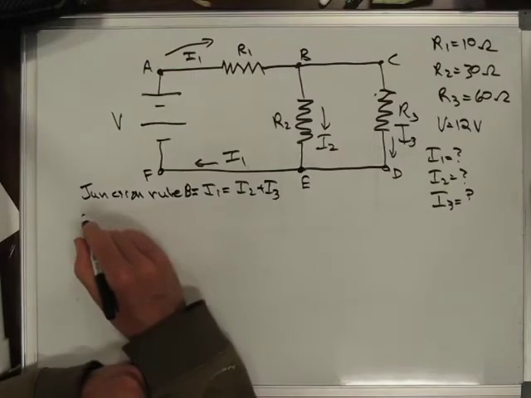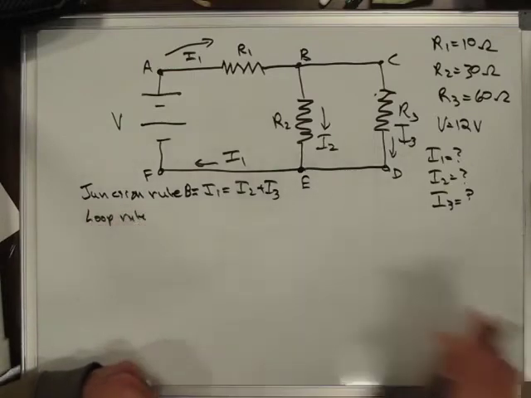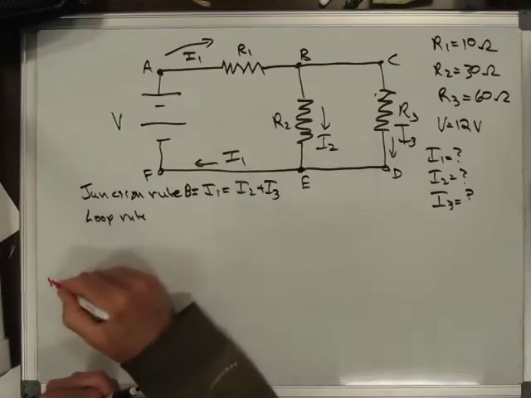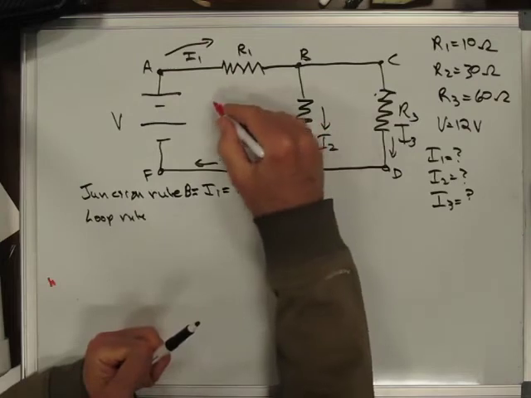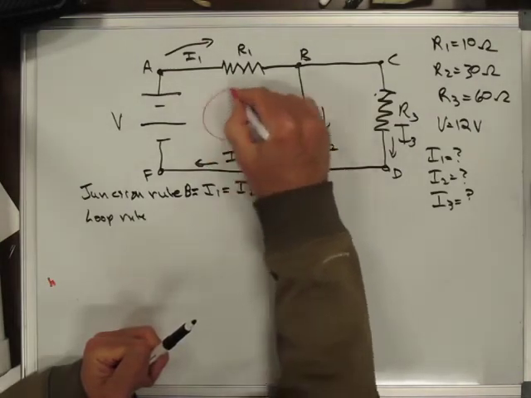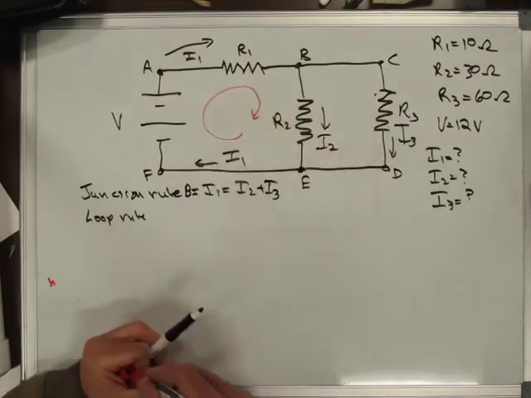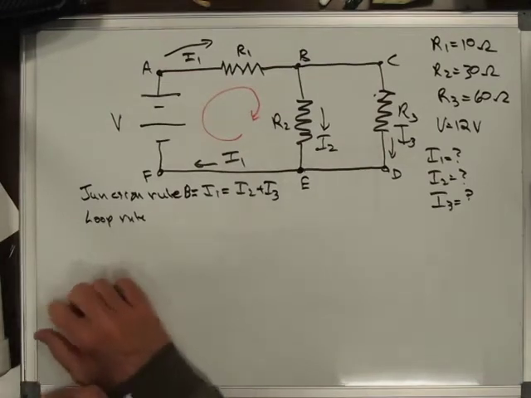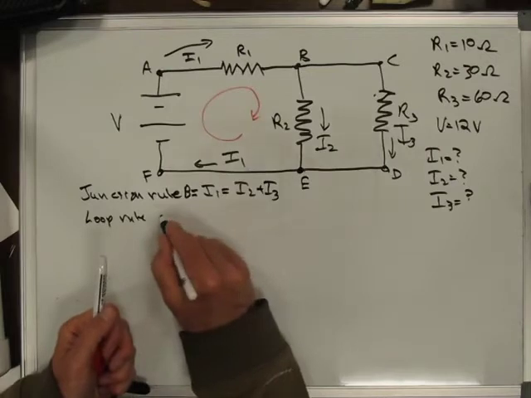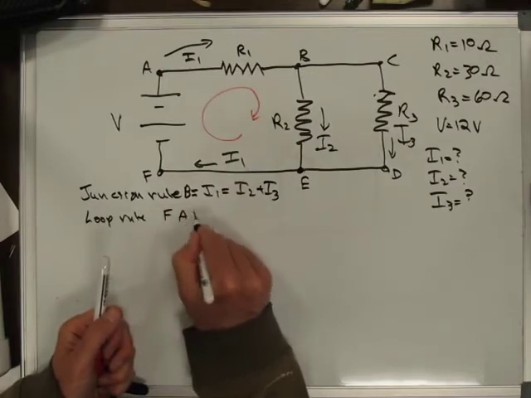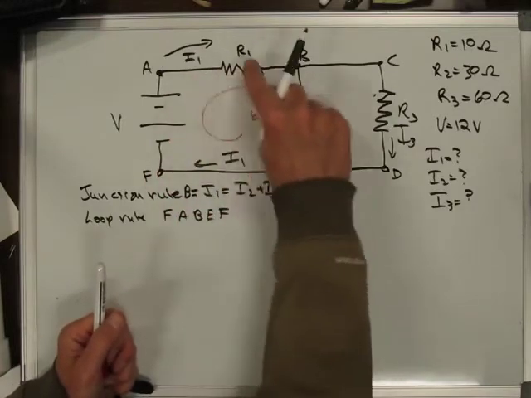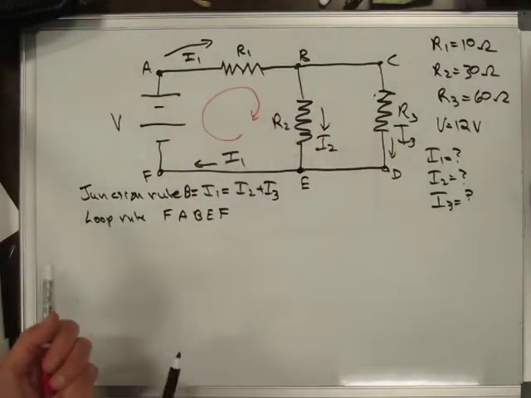And so now I can use the loop rule. I don't know if this is going to work, but let's try it. So let's use this loop. We can start anywhere on it, but let's say we start at point F. We'll go to A, to B, to E, and to F again.